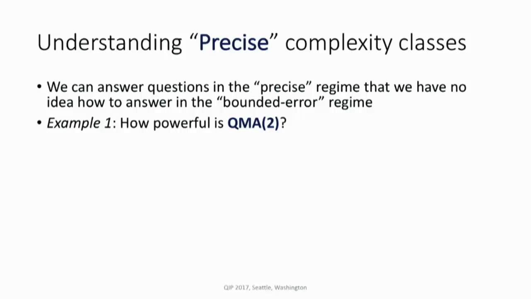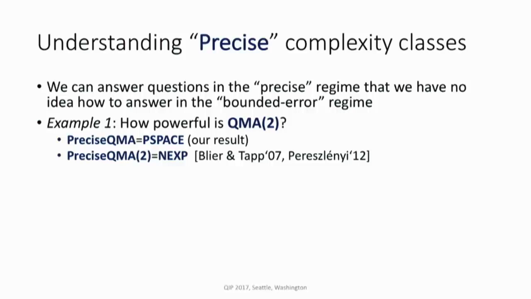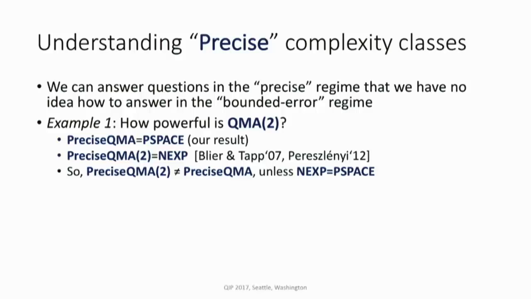Classically, we really don't know if these two things are different, QMA versus QMA2. But in the precise regime, I just showed you that precise QMA is equal to PSPACE. We can also show from older results that precise QMA2 is equal to NEXP. So in the precise world, these two classes are probably unequal, unless NEXP is equal to PSPACE.